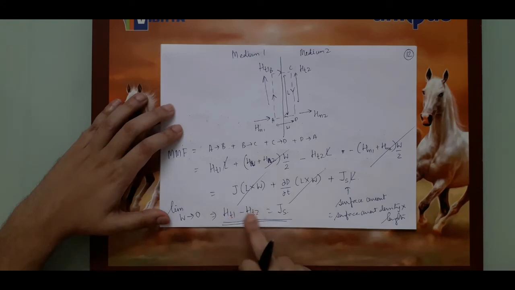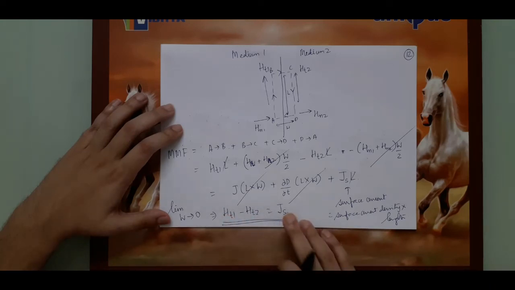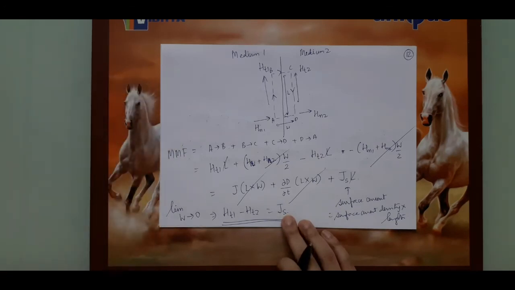So just like how the normal component of the electric displacement across the two media differed by the charge density, the tangential component of the two magnetic fields across the media differ by the surface current.